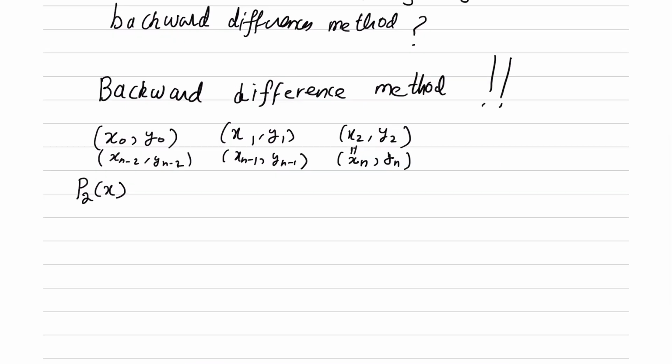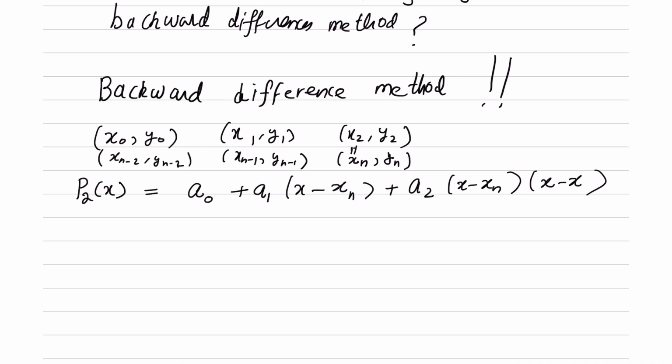So the 2-degree polynomial for backward differences is a0 plus a1 times x minus the last x, which is xn, plus a2, and you stop at a2, with 2 linear factors: x minus xn, and the previous factor, x minus xn minus 1. This was Newton's polynomial.